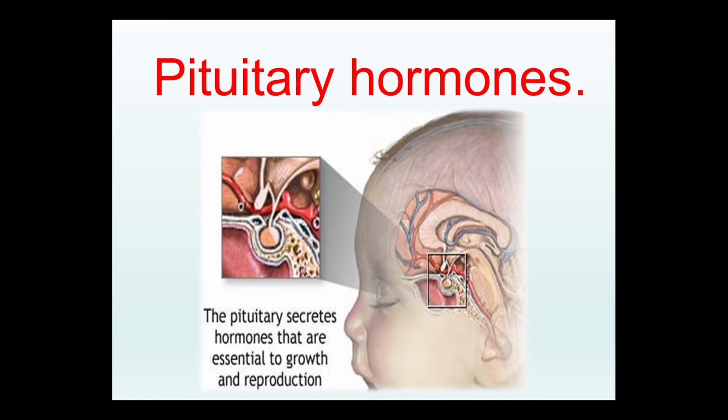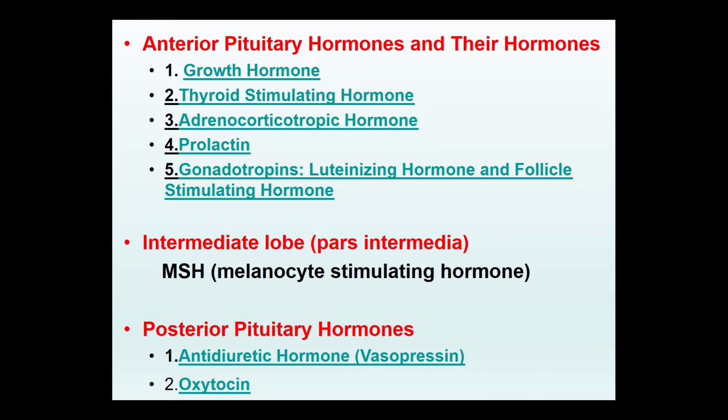Now let's talk about the pituitary hormones. The pituitary gland consists of three lobes: anterior pituitary, intermediate lobe, and posterior pituitary, and each of them produces its own protein hormones. The anterior pituitary, under control of hypothalamic hormones, secretes a number of trophic hormones that regulate the growth and the function of other endocrine glands or influence metabolic reactions in other target tissues.